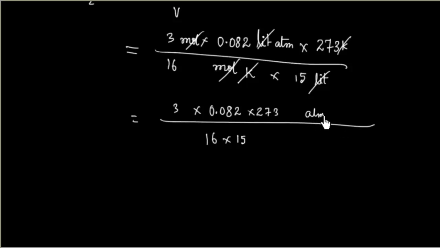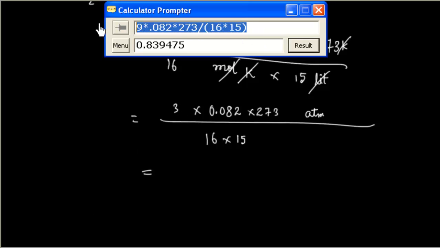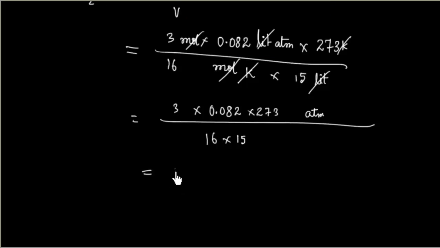So let us calculate this value. 3 into 0.082 into 273, and this divided by 16 into 15. So this is 0.279 atmospheric pressure. So this is the pressure due to oxygen.